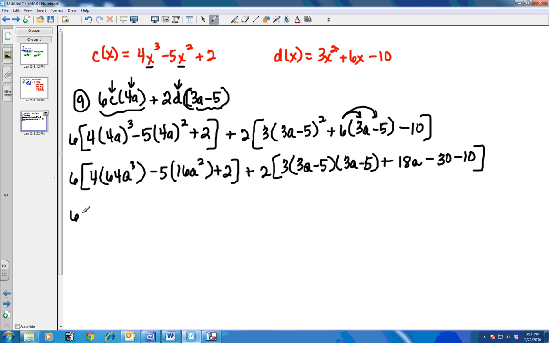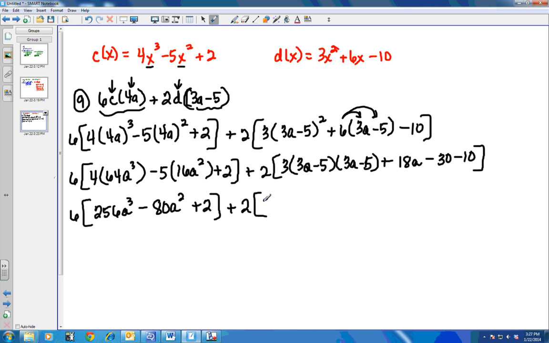So I have 6. 4 times 64 is 256, so 256a to the third, minus 5 times 16 is 80a squared, plus 2, plus 2.